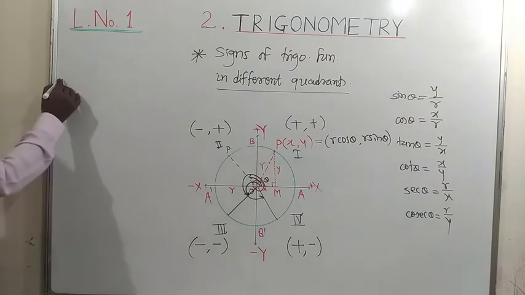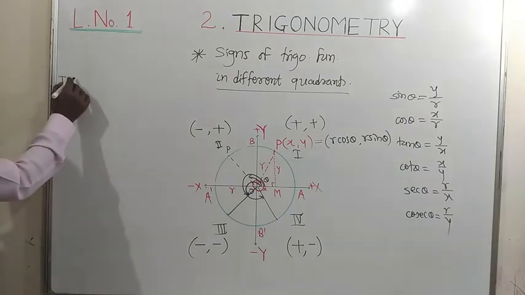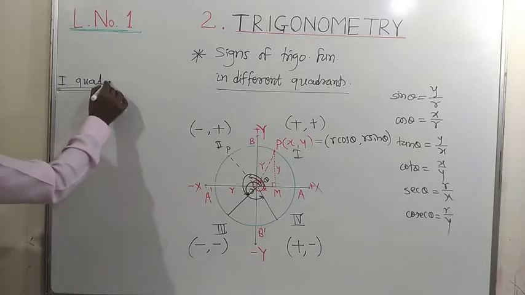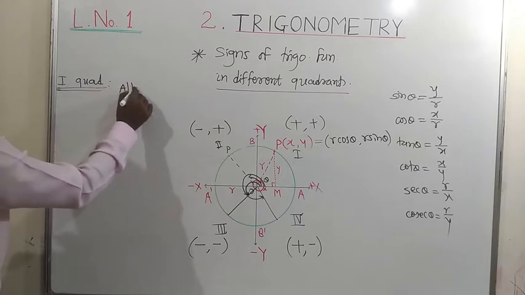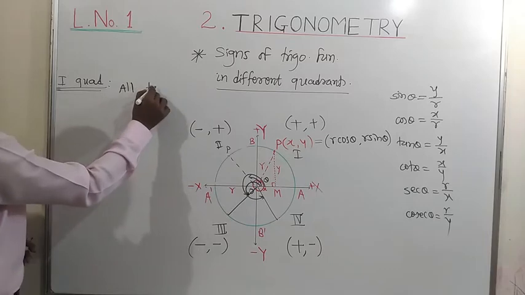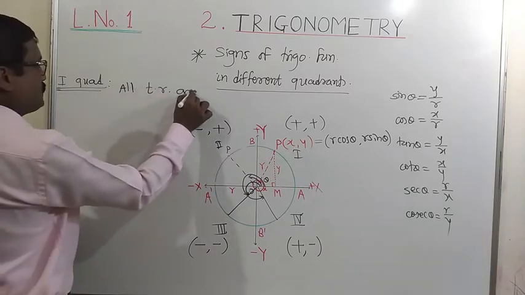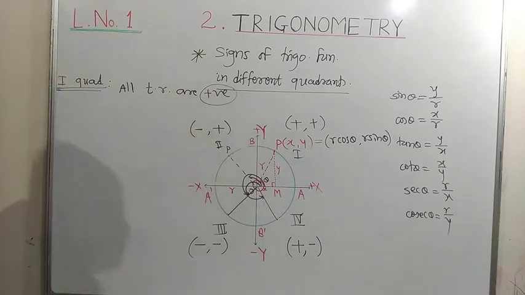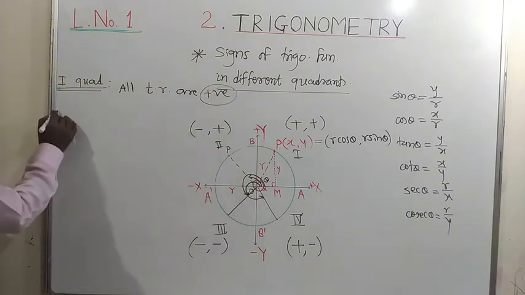So in the first quadrant, all trigonometric ratios are positive.